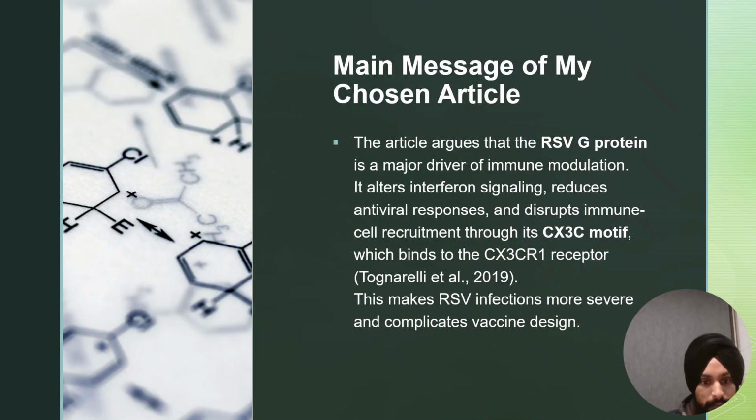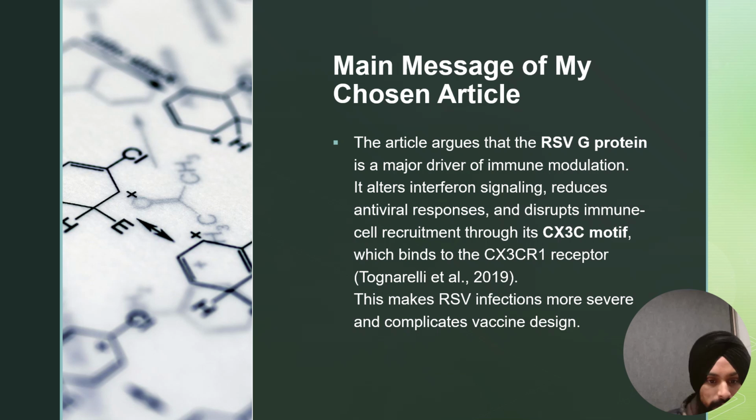Slide 8, main message of the article. The article's main message is that the RSV G protein plays a much bigger role in immune suppression than we used to think. The G protein doesn't only help the virus attach to the cell. It also interferes with interferon production, which is usually our body's first line of defense.